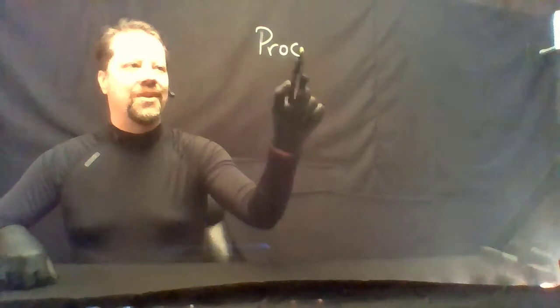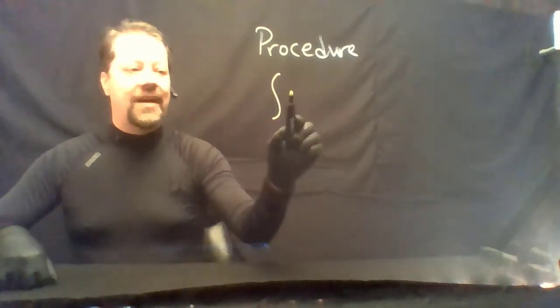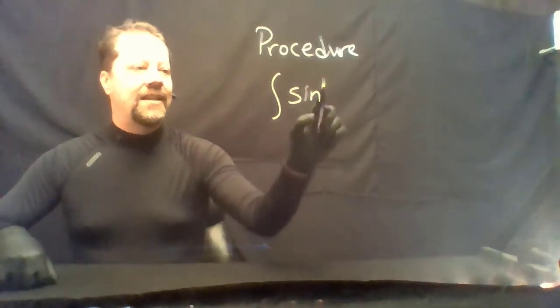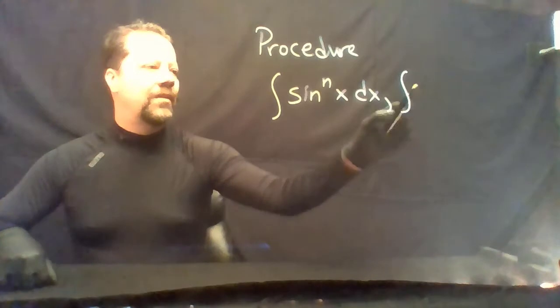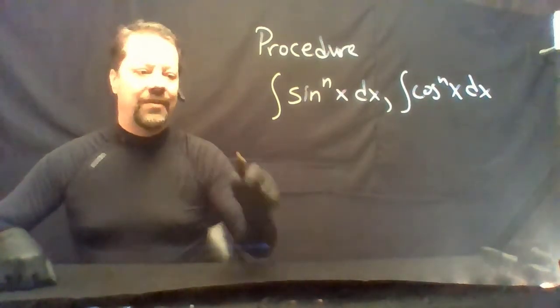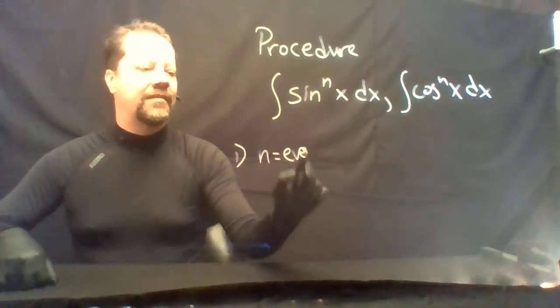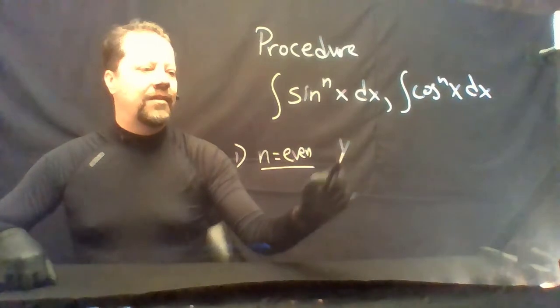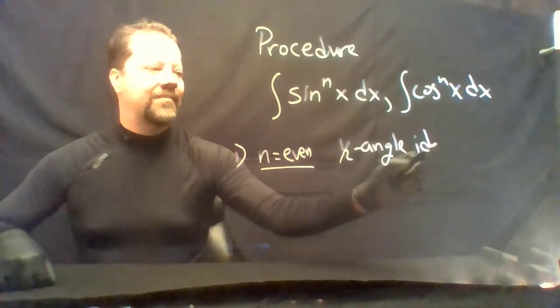We have a procedure. If you're dealing with either sine to the nx or cosine to the nx, what do? If n is even, you use half-angle identities.